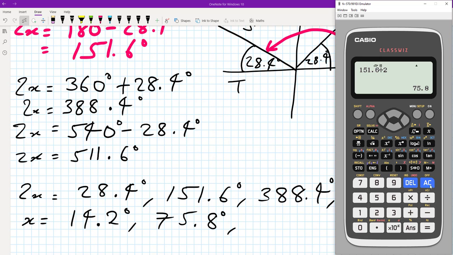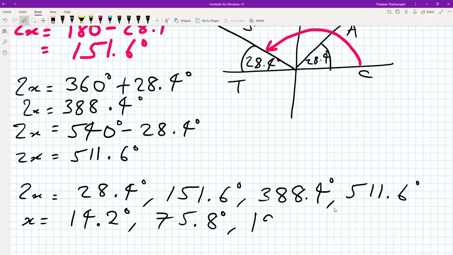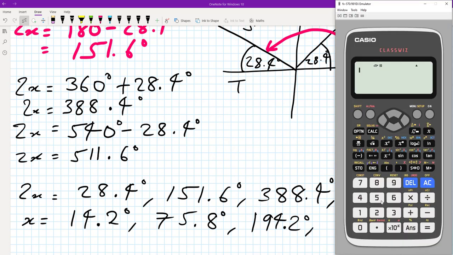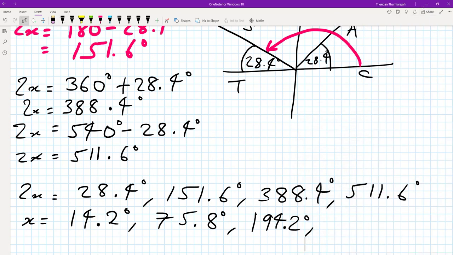Then 388.4 divided by 2 is 194.2. And then 511.6 divided by 2, which is 255.8 degrees.